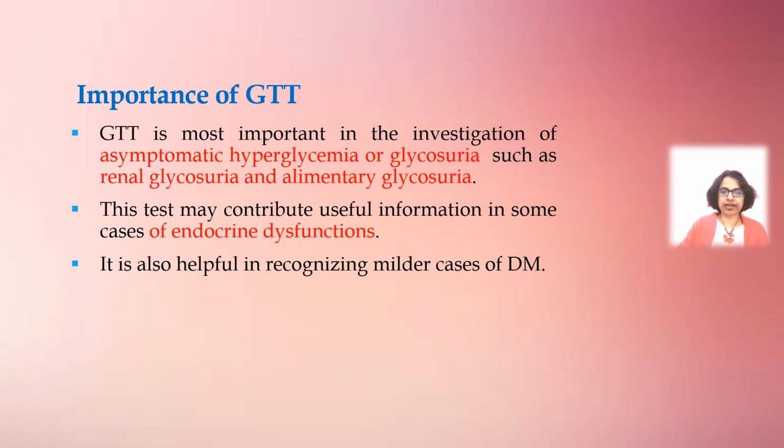Hyperglycemia means an increase in the blood glucose level. Glycosuria means identification of glucose in the urine. Renal glycosuria means the problem is arising with the kidney. And alimentary glycosuria, the problem is arising in the GI system. This test may also contribute useful information in some cases of endocrine dysfunction. It is also helpful in recognizing milder cases of DM.